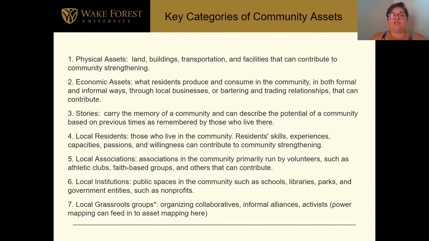And then I've actually added local grassroots groups because I don't think that grassroots organizing and associations are the same thing. I've added this as an outgrowth of local associations because they may be even more informal or formal, but really thinking about activists that are just showing up for things.